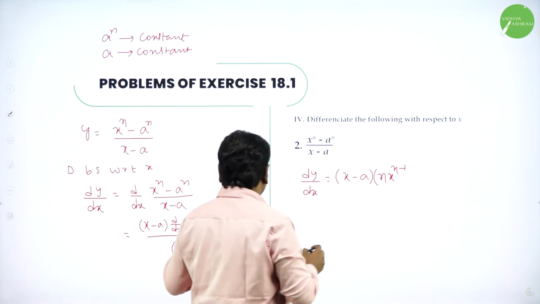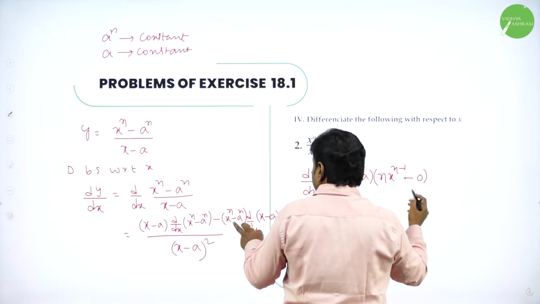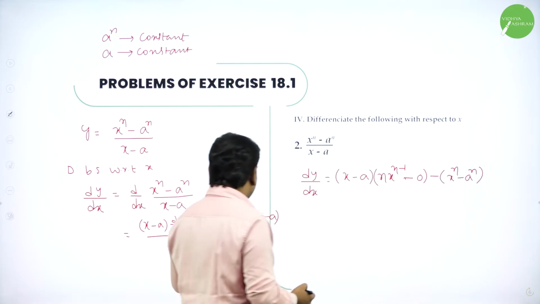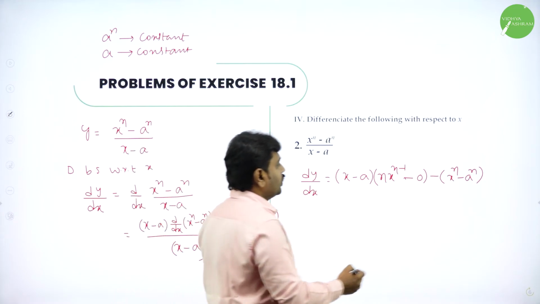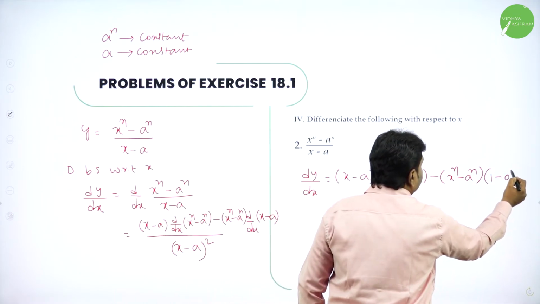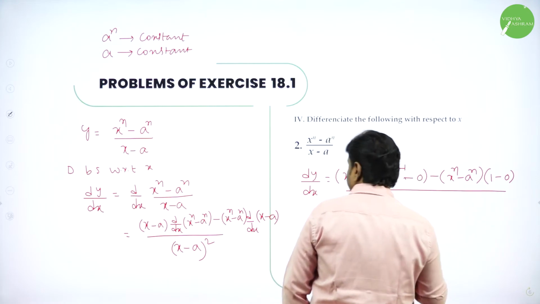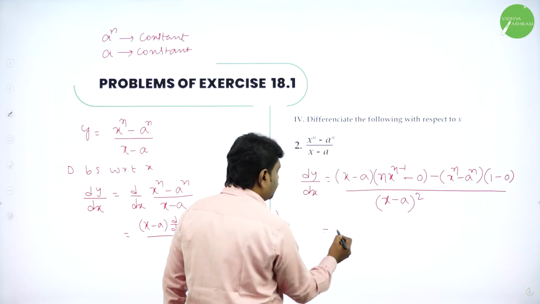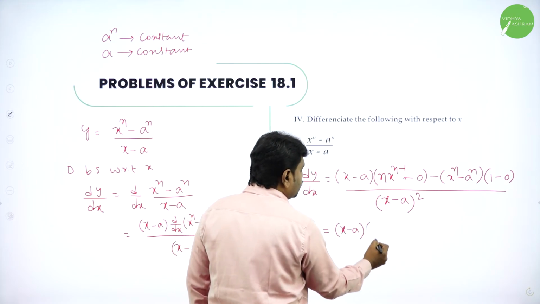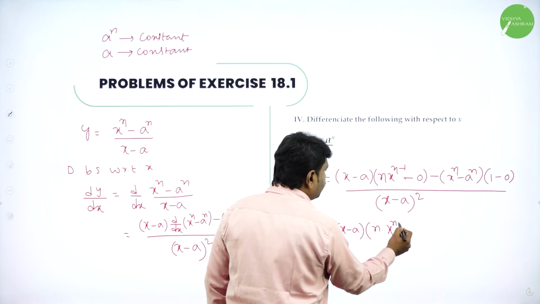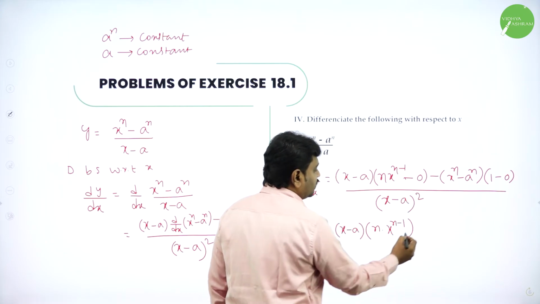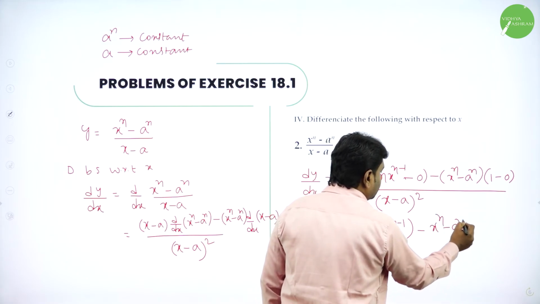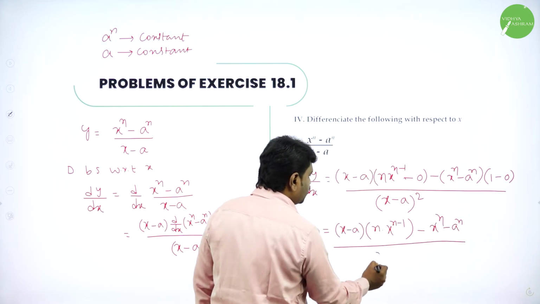So d by dx of a power n becomes 0 minus x power n minus a power n into d by dx of x. D by dx of x is 1 minus d by dx of a is 0 divided by x minus a the whole square. Further it will be x minus a into n into x power n minus 1 minus 0, you can leave it, minus x power n minus a power n divided by x minus a the whole square.